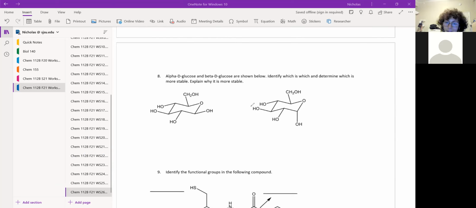Okay, so here I'm showing you alpha D-glucose and beta D-glucose and asking you to figure out which one is which and explain which one's more stable and why. So first, which one is alpha? Or yeah, beta is on the left. Yeah, alpha is on the right.